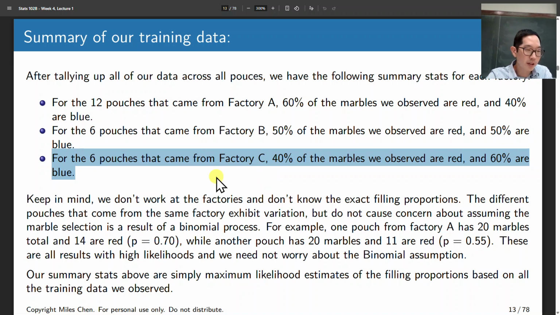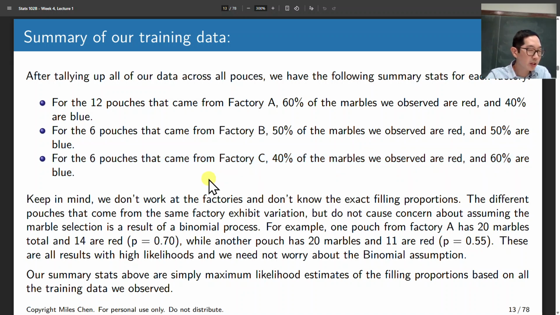So we don't work at the factories, and we don't know the exact filling proportions. We're just assuming that our bags of marbles are representative of what's coming from the factory. This might be a bad assumption, okay? But we're just assuming that what we see in our bags is representative of what's coming from the factory.